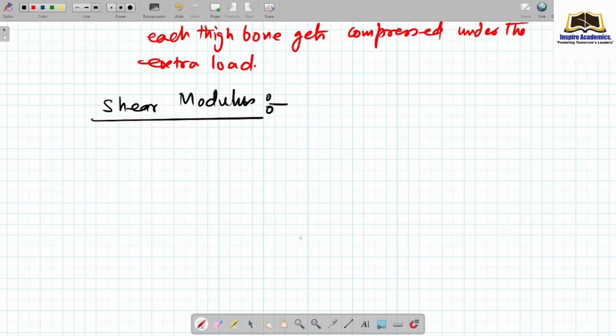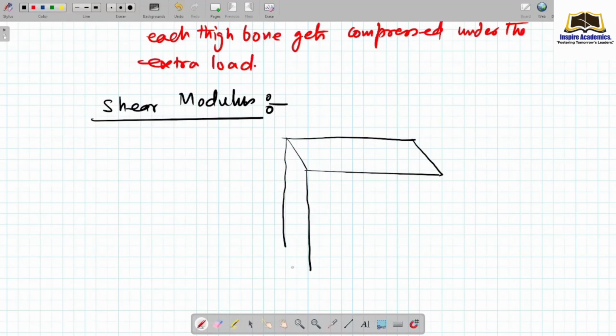Let us say that we have got such a structure and I apply the force here.